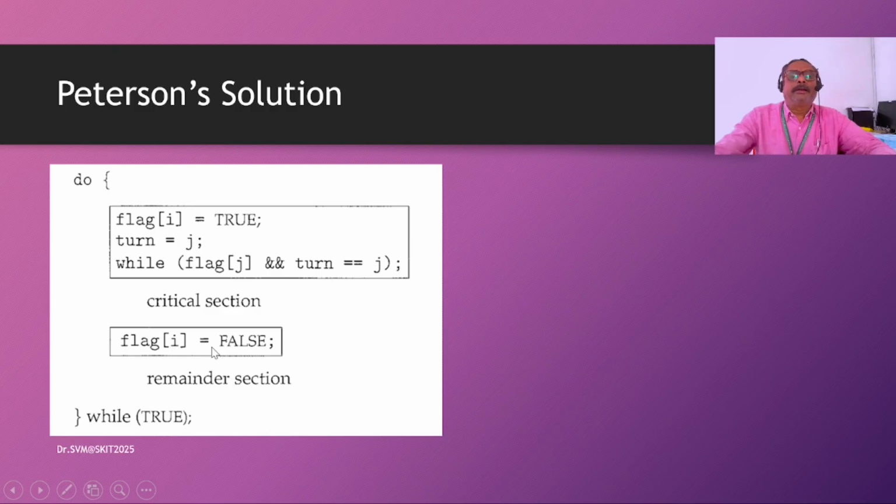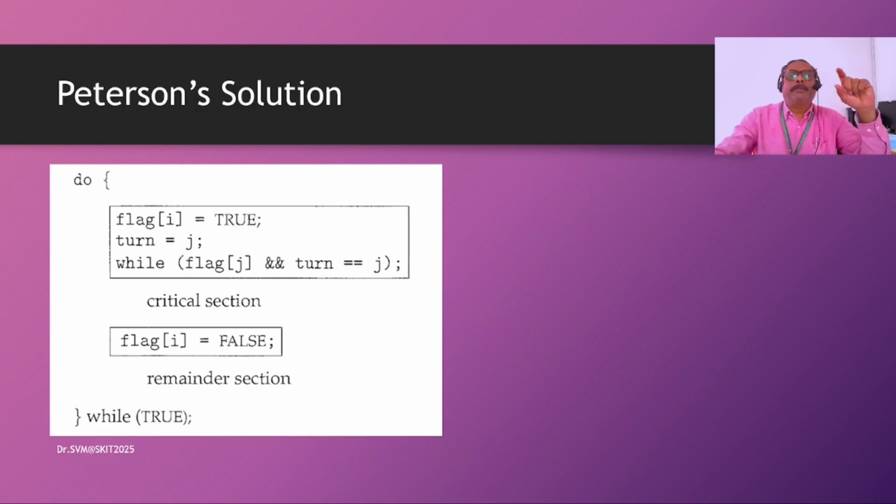So flag I is made false, and then it continues in the remainder section. And you can see that this whole thing is put under another while loop, an indefinite while loop, and these two parts are repeated alternately: critical section, then non-critical section, then critical section, non-critical section.